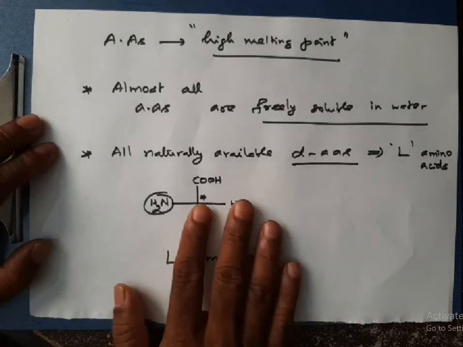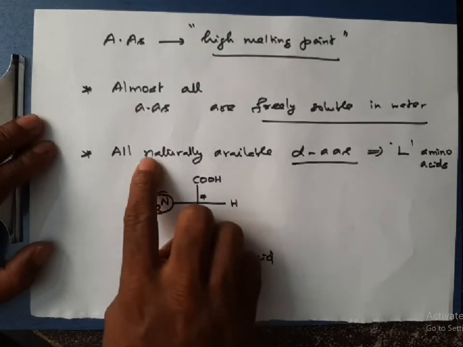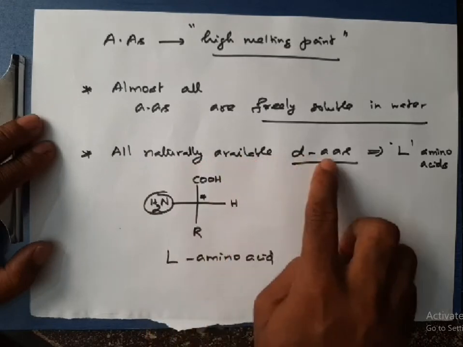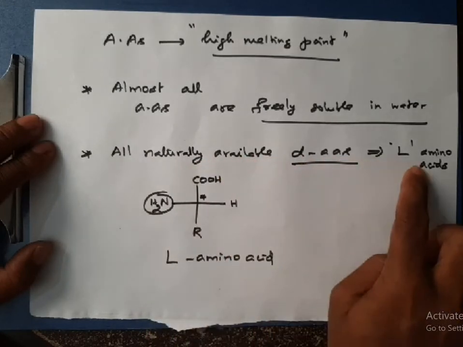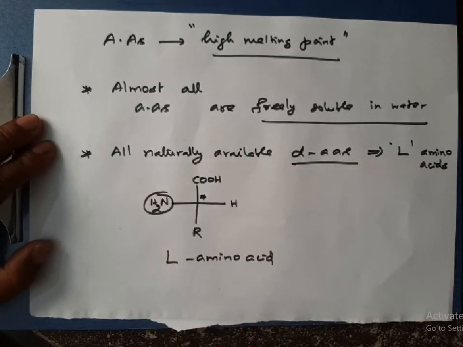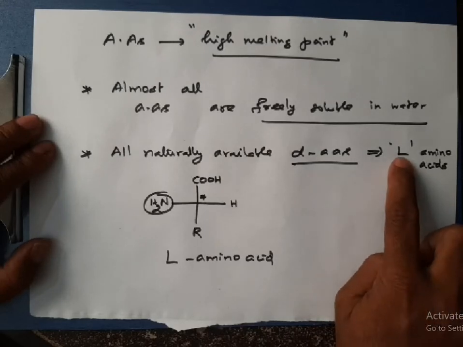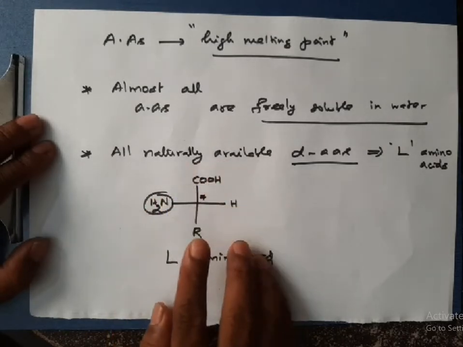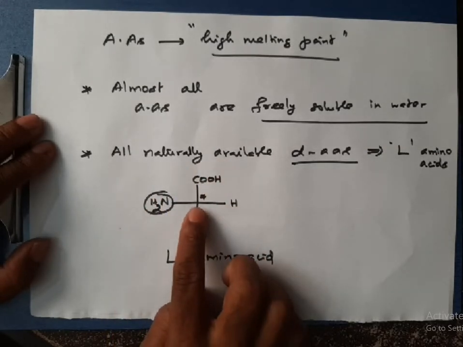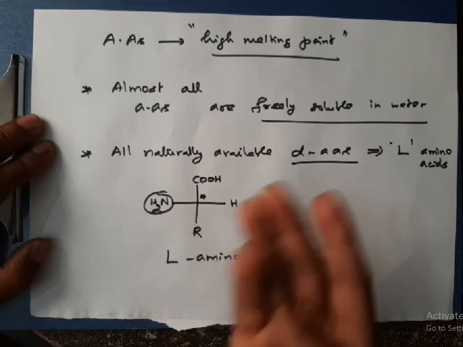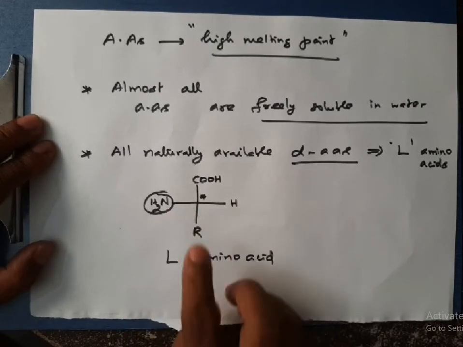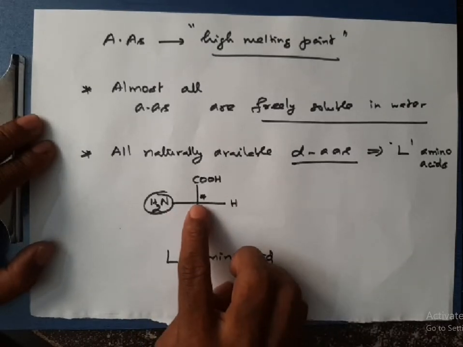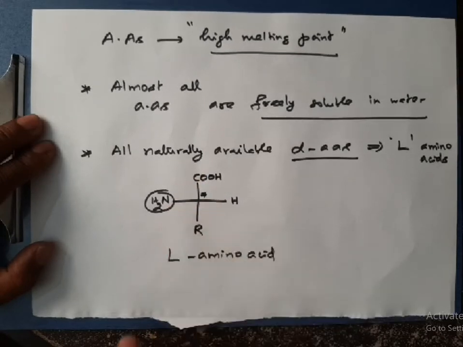The next important point: all naturally available alpha amino acids are L amino acids. What is L? This L represents relative configuration. What is meant by that? Suppose you represent the alpha carbon, which is a chiral carbon in most amino acids, in Fischer projection.